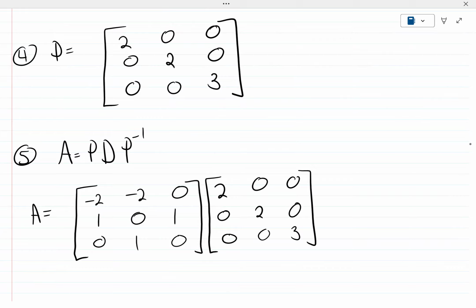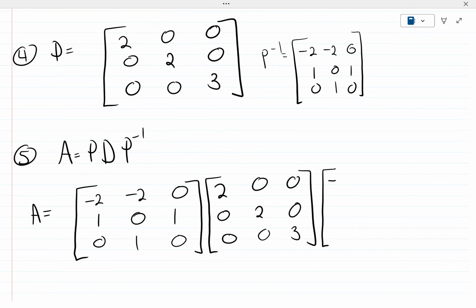And my P inverse, so my P was this. For the P inverse, if you could just use the calculator, that's fine. You get -2, 1, 0, -2, 0, 1, 0, 1, 0, right? Okay, that's step 5.